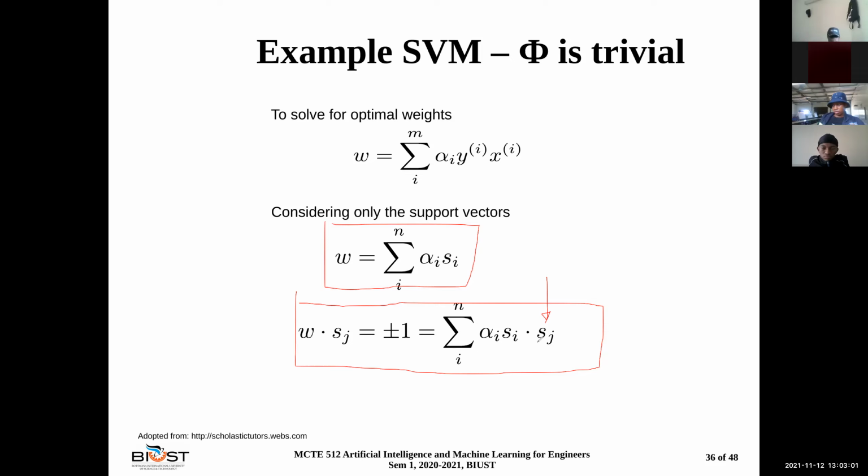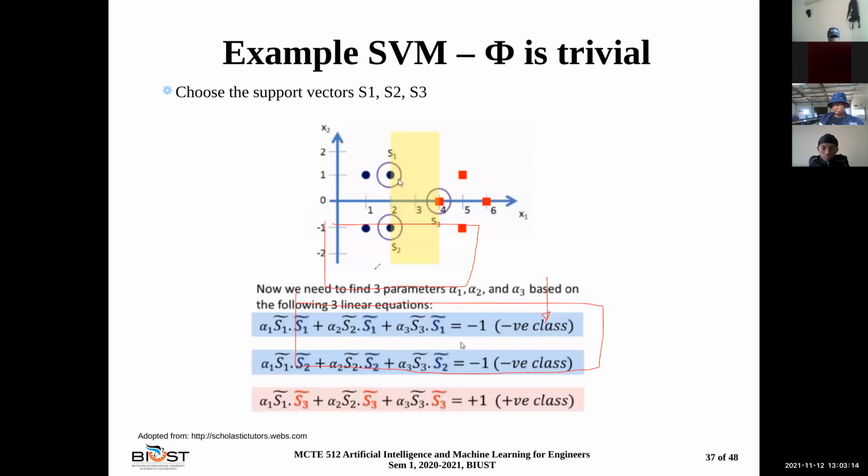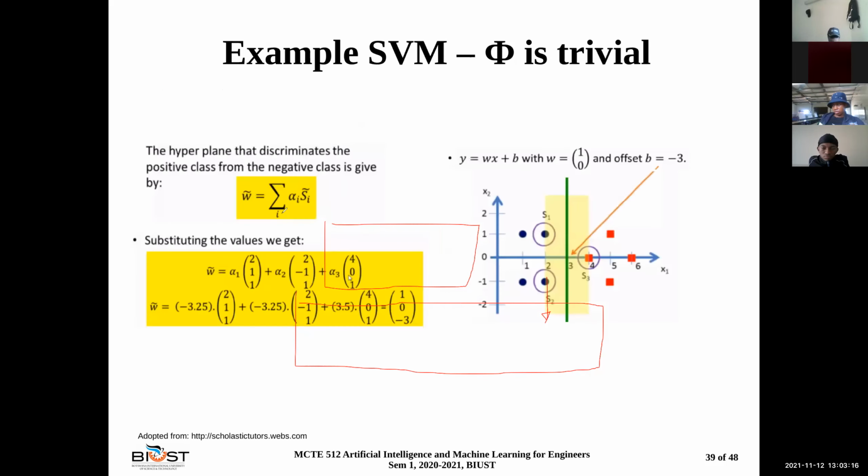So all you need to do is take the classification of that support vector times the alpha and solve for the alpha. Once you solve for the alpha, multiply it with each support vector it corresponds to, and then you can find your W, the same way as in this equation. And then that's it.